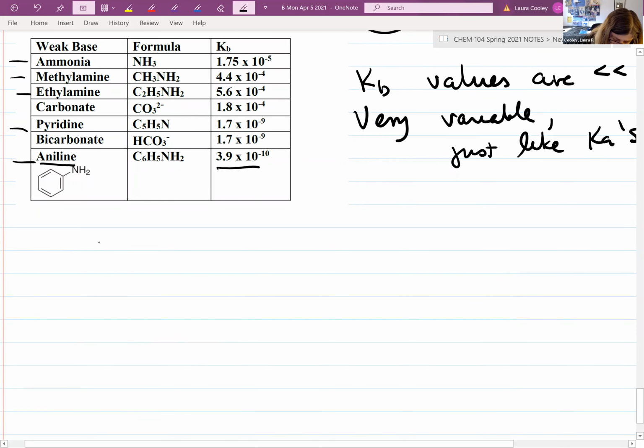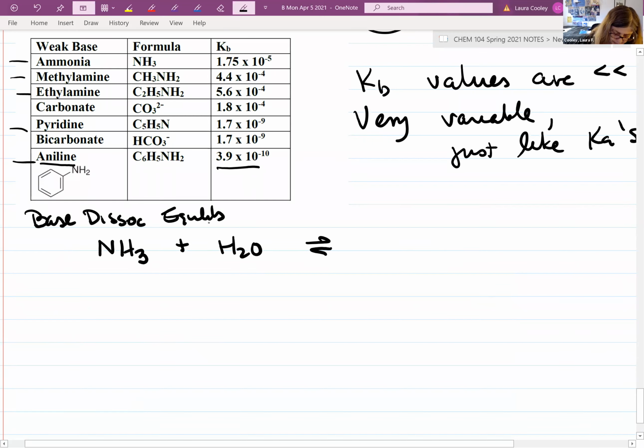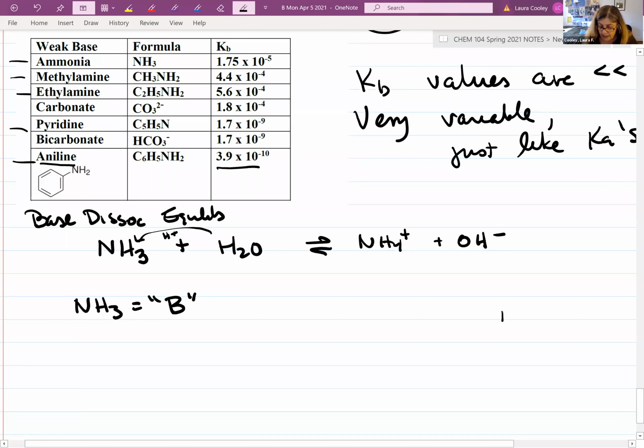So if we write an equilibrium for ammonia, it's NH3 plus water. This is the base dissociation equilibrium for NH3, the weak base ammonia. Gives you NH4+ and OH-. So we call NH3 B for base, just like we talk about acids as HA, and then the anion is A-, the conjugate base.